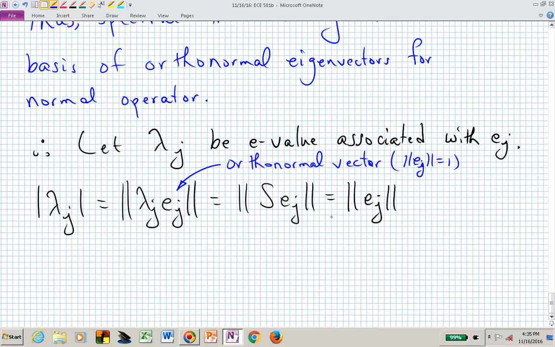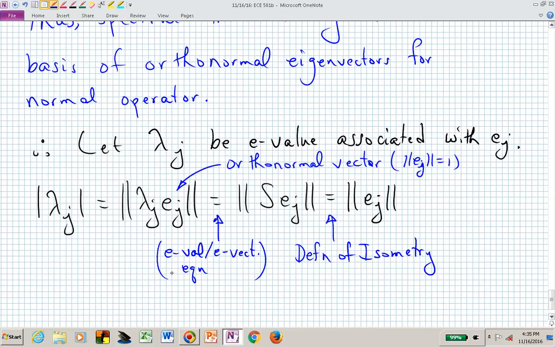This was the definition of isometry. This is just the eigenvalue-eigenvector equation. And we know that this tells us what we can put on the right-hand side of the norm of E sub j.